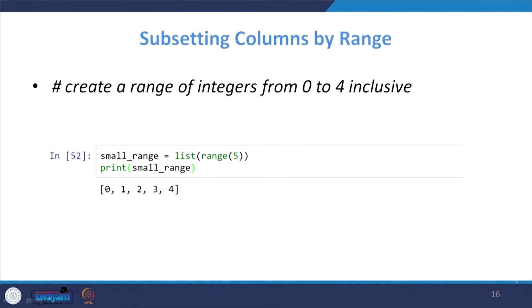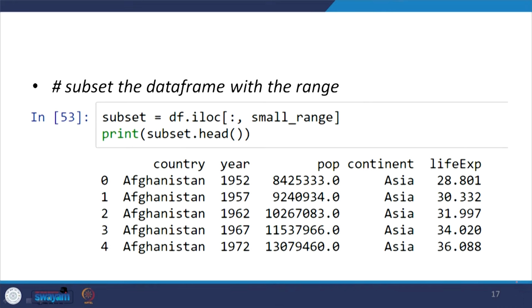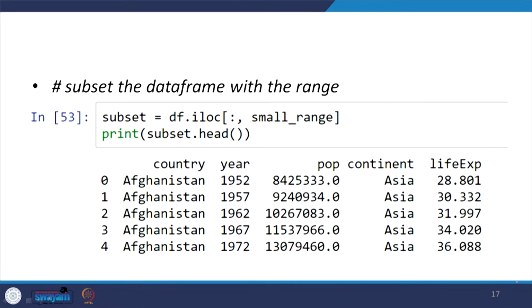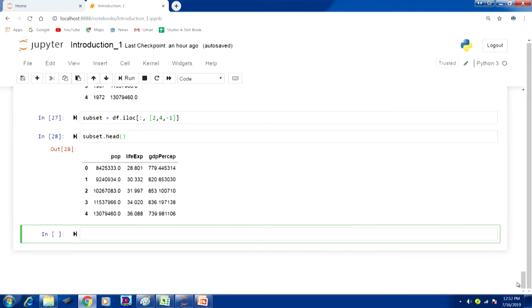Now this small_range object can be used to access the corresponding columns. So if I type subset equal to df.iloc, colon, comma, small_range, I can get the first column, second column, third column, fourth column and fifth column. So we will try this. small_range is an object.